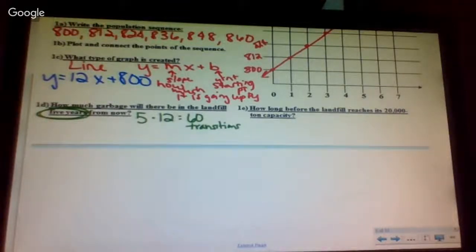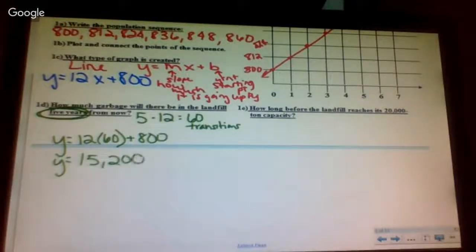Plug it in. Y equals 12 times your 60 transitions plus 800. So Y equals, how much trash is in my landfill after 5 years? 15,200. Okay, 15,200 tons.